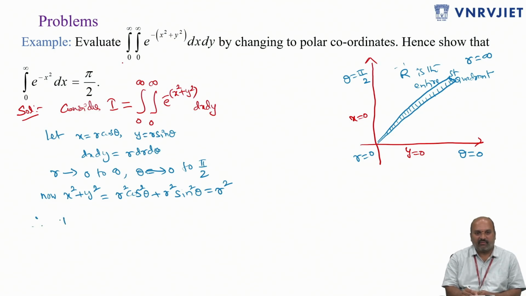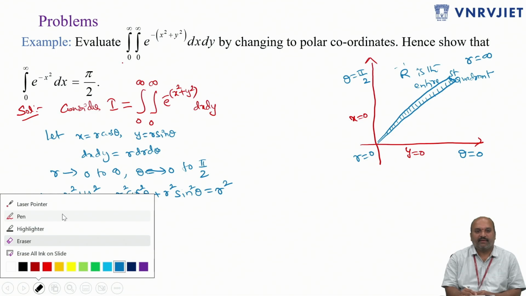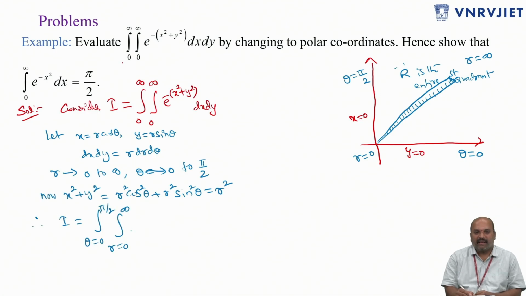So now I equals the integral, theta varies from 0 to pi by 2, r varies from 0 to infinity, e to the power of minus (x square plus y square), which, as you know, is r square, and dx dy equals r dr d theta.